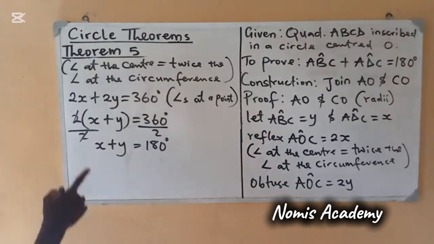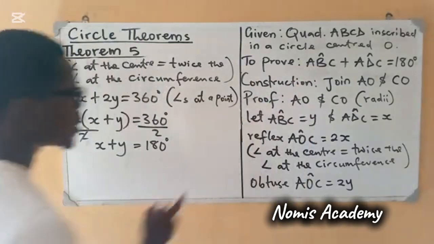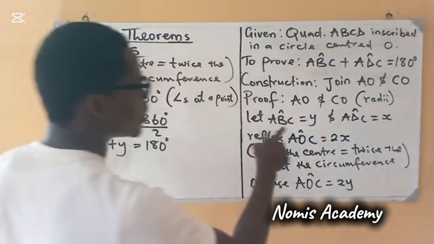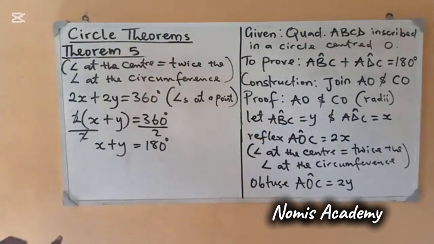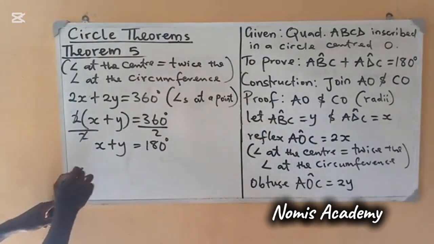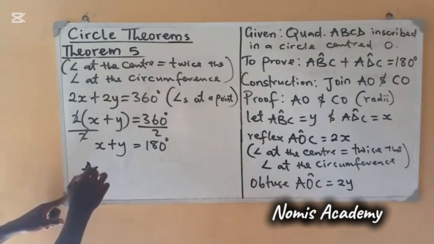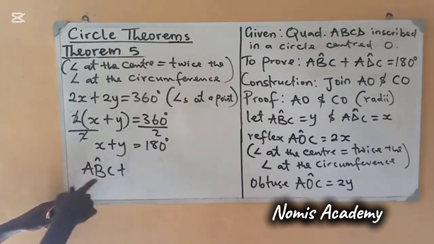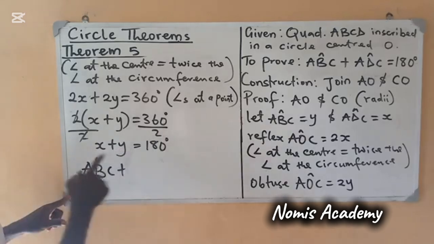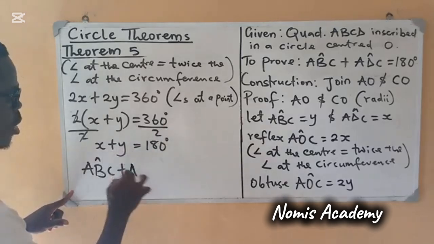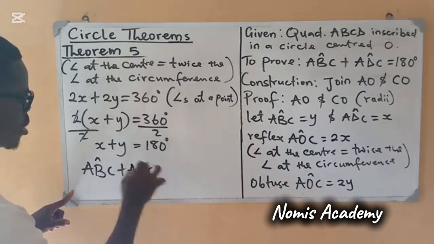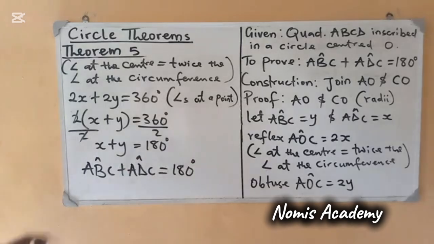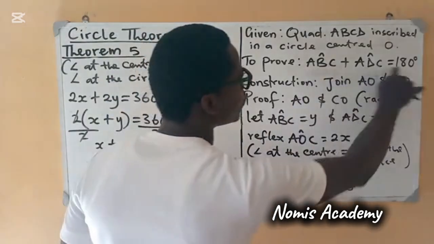Okay, so you remember that x is ADC and y is ABC. So we can now write that ABC plus ADC, remember y is ABC and x is ADC, sum up to 180 degrees, which is our proof.